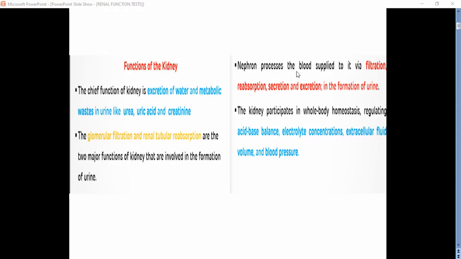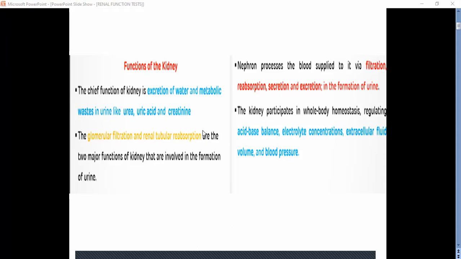The nephron processes the blood supplied to it via filtration, reabsorption, secretion, and excretion in the form of urine. There are millions of nephrons in the kidney, and the function of the kidney directly or indirectly depends upon the nephron.